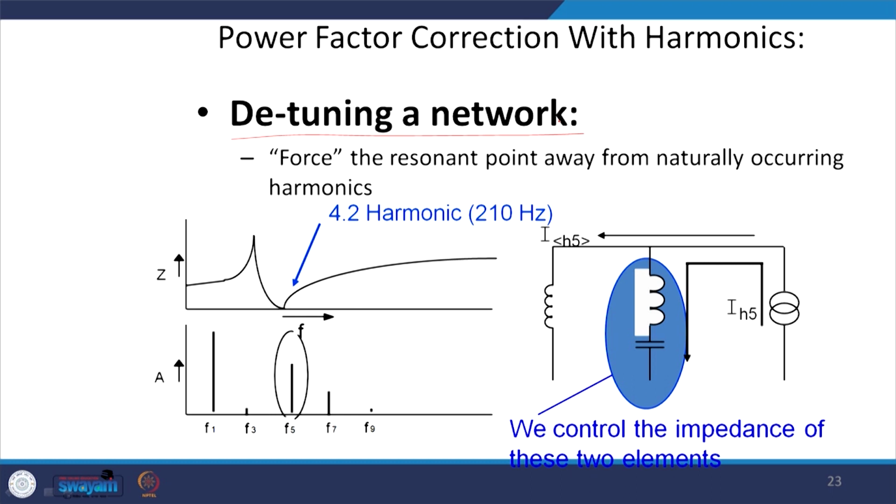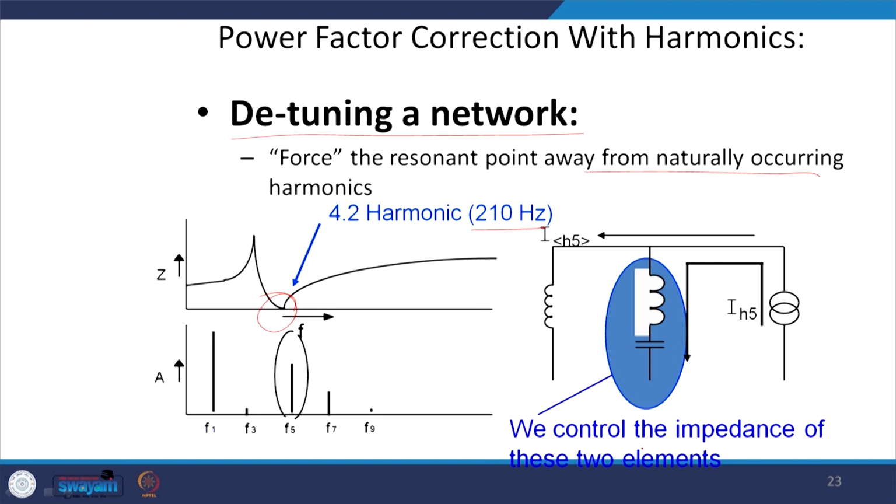So, we require to detune this network, forcing the resonance point away from the naturally occurring frequency, and we will make it something like the 4.2 harmonic. For 50 hertz it will be 210 hertz; you have to tune like this.